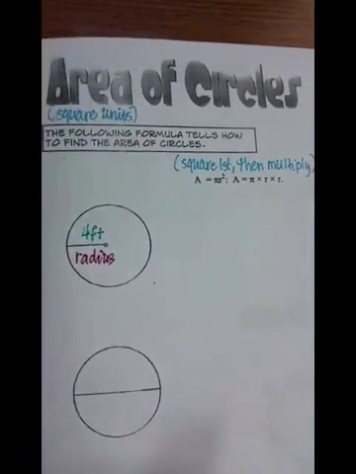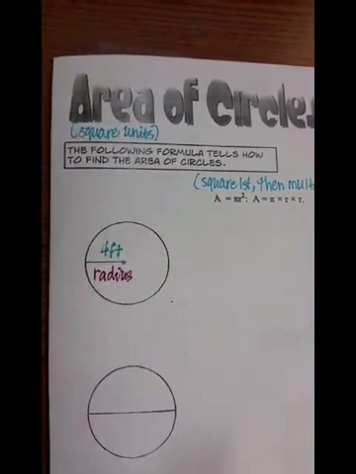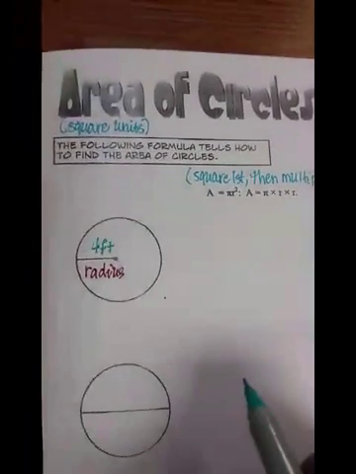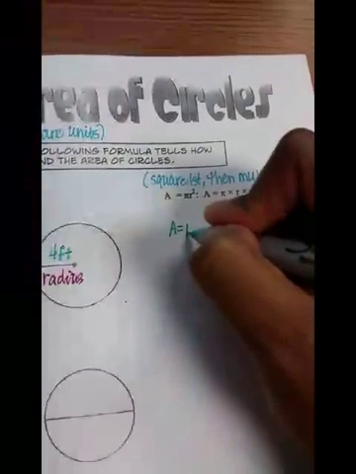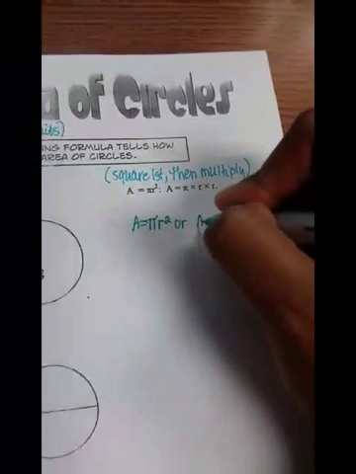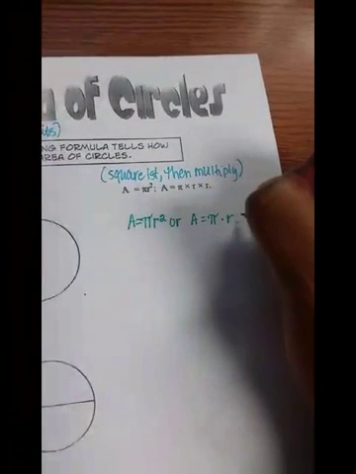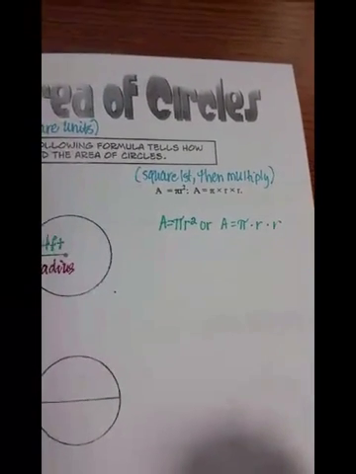Remember, our first step was, if the figure wasn't drawn, to draw the figure. Next step, we label it, which we just did. And then we find our formula, which is A equals pi r squared, or A equals pi times radius times radius, okay? My next step is plugging my numbers into my formula.